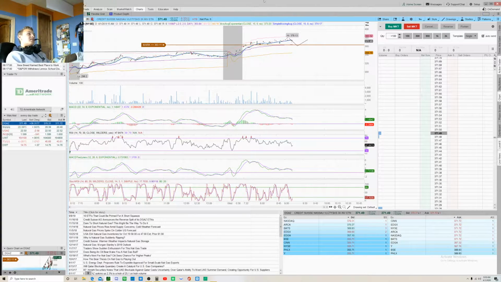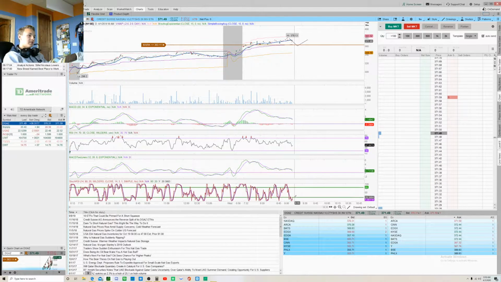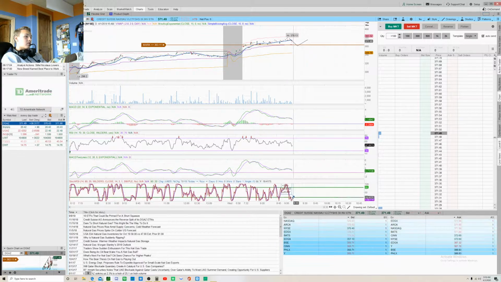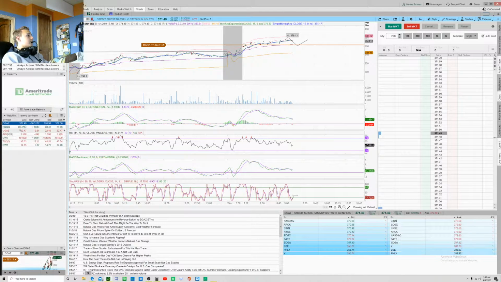It's just a nice thing to know when you want to buy. If it comes down here and it's still not below the green, I wouldn't buy that. But if it's rising out of it, if it's right there, I would totally buy it because it has so much upside potential.